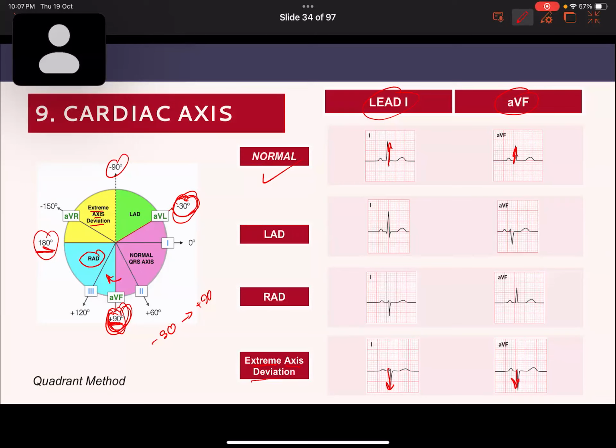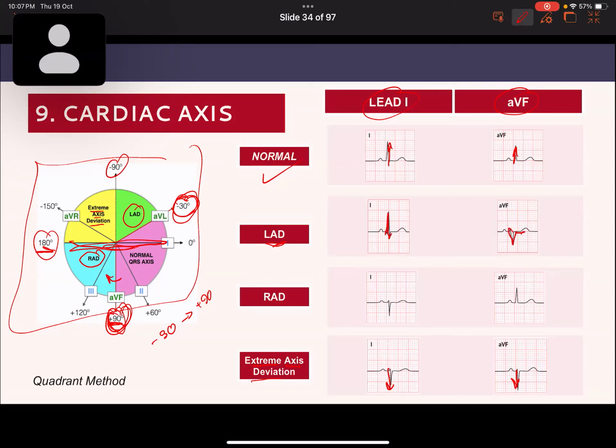If we go back to this cardiac axis, remember that the left axis deviation is on the upper side of this line. So that's how you remember whether the R wave in lead one is up or down. If it's a left axis deviation, then the R wave in lead one has to be facing upwards. And the one in AVF is going to be the opposite.